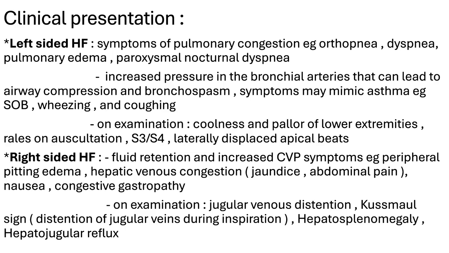Here we are talking about the liver and the stomach, for example. The patient will rarely present with congestive cardiomyopathy, but mostly with signs of hepatosplenomegaly, hepatic venous congestion, jaundice, and abdominal pain.